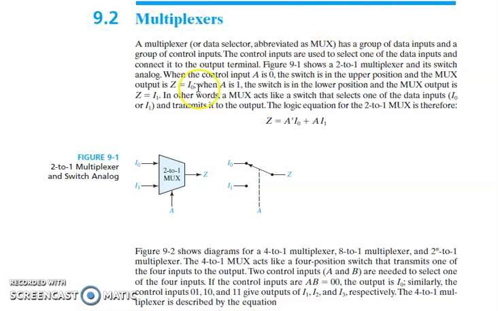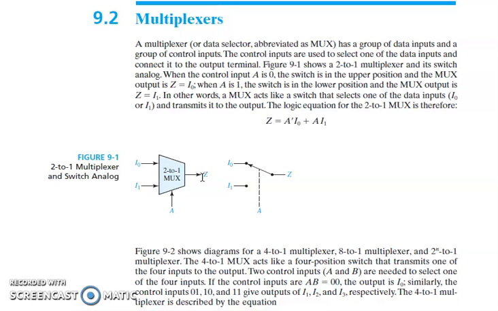Here is an example, a 2:1 multiplexer: 2 inputs and 1 output. How many select inputs will we have? 1 select input. There is a formula which defines the relation between the number of inputs and the select inputs: 2 power n inputs, n select inputs and 1 output.